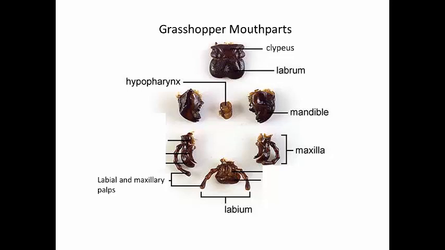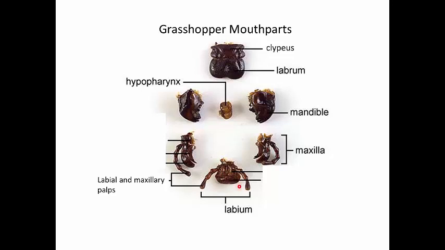So that tasting is the same mechanism that we have. It's just carried out by something slightly different. We taste with our tongue. They taste with these maxillary palps. Now, the last component of the insect mouth parts is the labium. That happens down here. So this is this bottom lip type of area. It's made up of two lobes called the ligula.